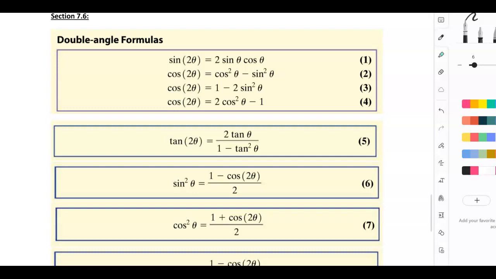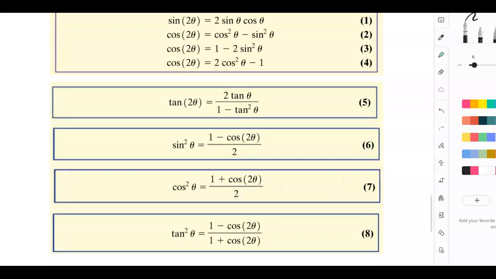And then another one for cosine of 2 theta is 2 cosine squared theta minus 1. We could derive these two by doing substitutions for cosine squared and then sine squared. And then we have one for tangent. Tangent of 2 theta is equal to 2 tangent theta divided by 1 minus tangent squared theta.